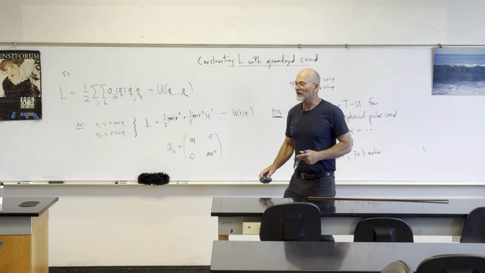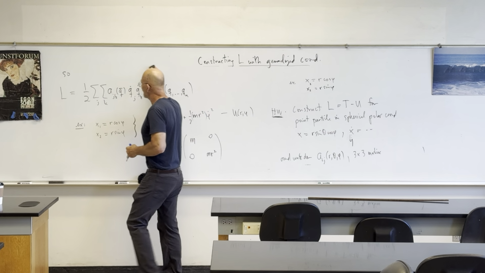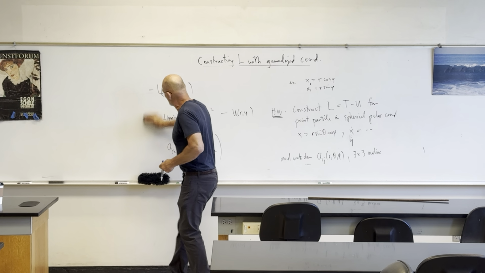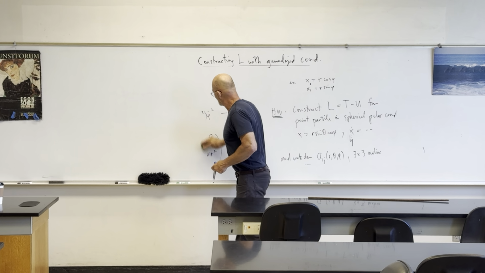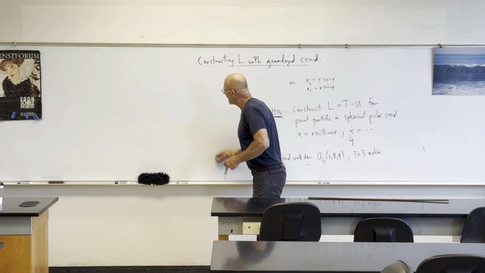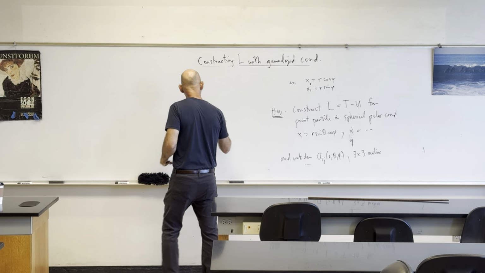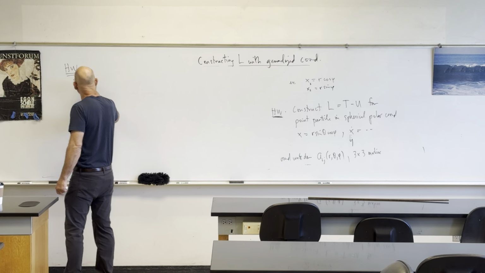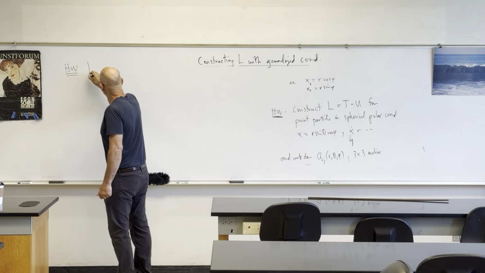So here's another homework problem. I'll get started on this one. So this one I'll put as homework as well. This is a system we're going to work with a bit.